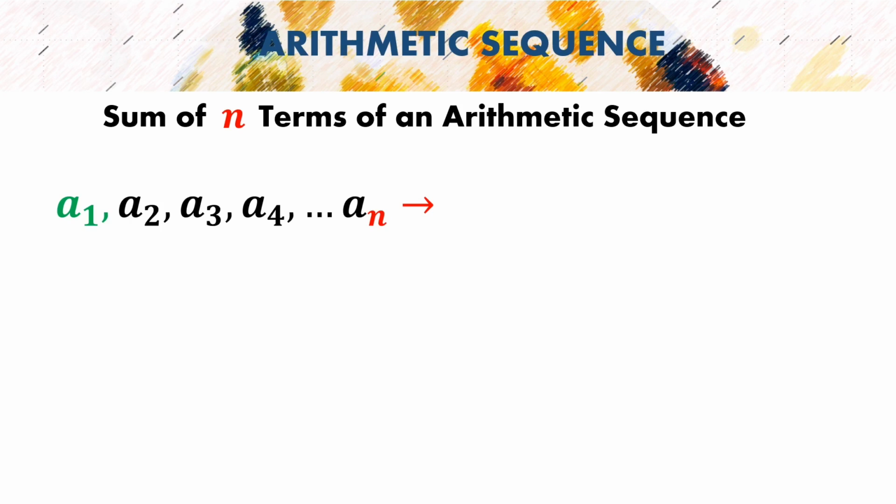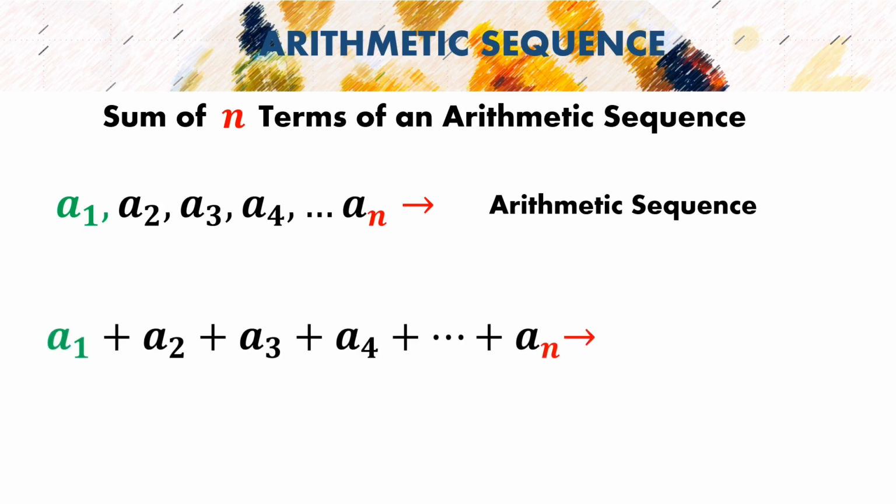For a sub 1, a sub 2, a sub 3, a sub 4, until a sub n, this is called an arithmetic sequence. A sub 1 plus a sub 2 plus a sub 3 plus a sub 4 plus and so on until a sub n, this is what we call the arithmetic series.